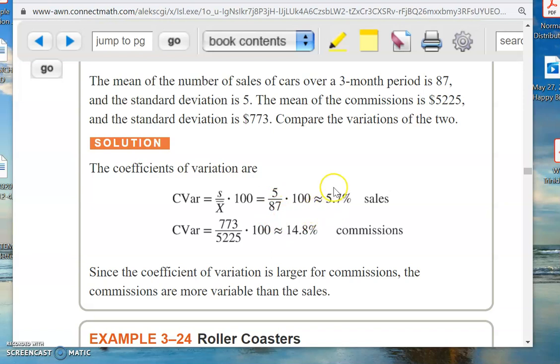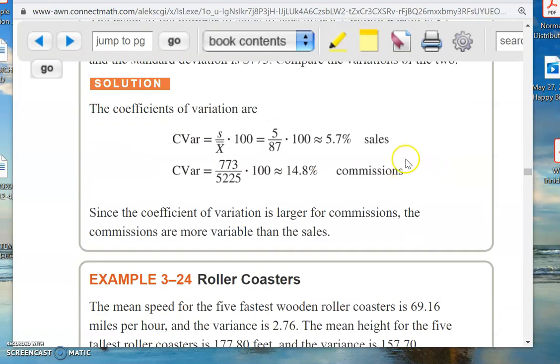Okay, but what this author wants to do is multiply that by 100. That puts it into terms of percentages, so that's 5.7%. And that's okay. Other authors might not do it exactly that way, but that's perfectly okay. It doesn't matter, right? I mean, 5.7% is the same as 0.057, and that's what we get approximately if we have 5 divided by 87.